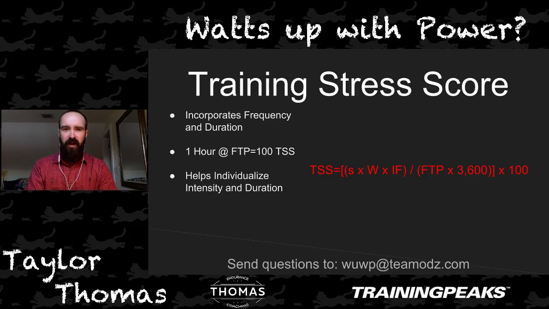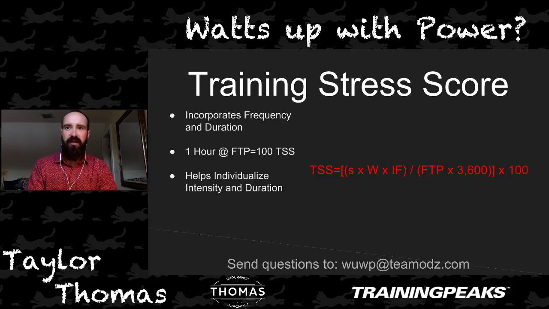While intensity is important, it's not the only component to a successful ride or to any ride in general. We also have how often you do those rides, whether they're intense or not, and how long those rides last. The premise that training stress score is based on is that 1 hour at your functional threshold power equals 100 TSS points.